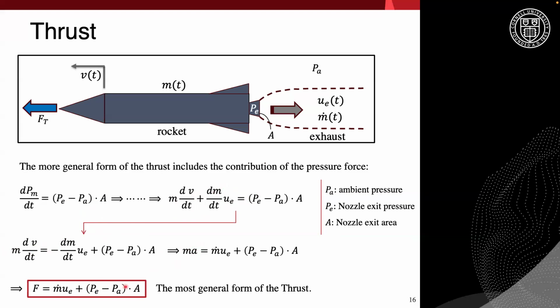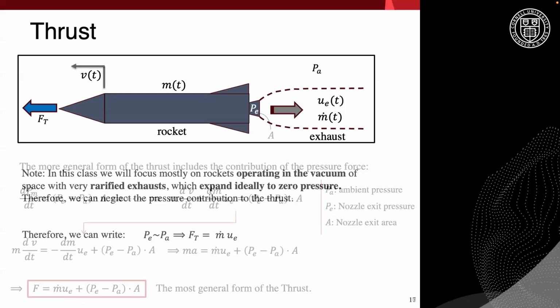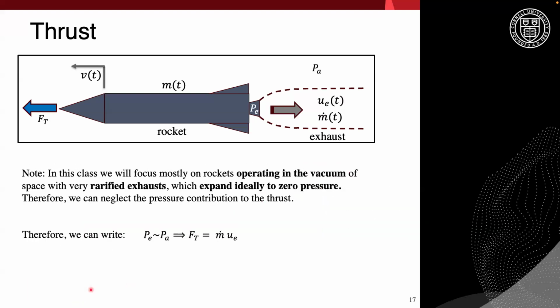So there are two main contributions to the thrust. The first contribution is from the exhaust gas, from the conservation of momentum of the exhaust gas. And the second term is from the pressure force. However, in this class, we focus mostly on rockets operating in the vacuum, so PA is equal to 0.